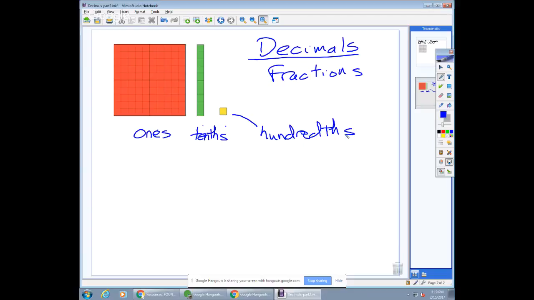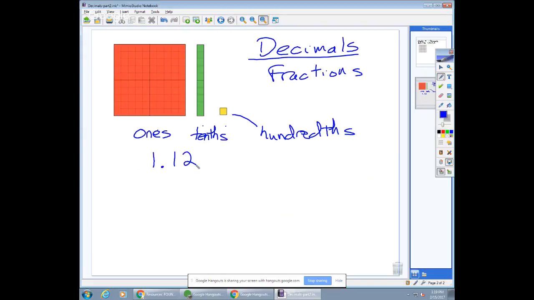So we can still use these as a model to play around with fraction addition, subtraction, multiplication, and division. So let's take a look at addition. With these things, we could easily represent something like 1 and how about 12 hundredths?